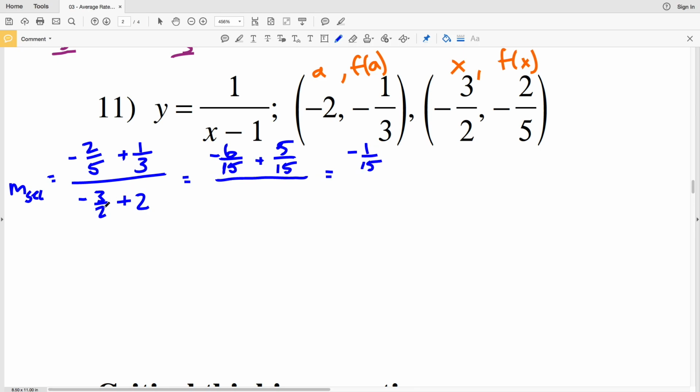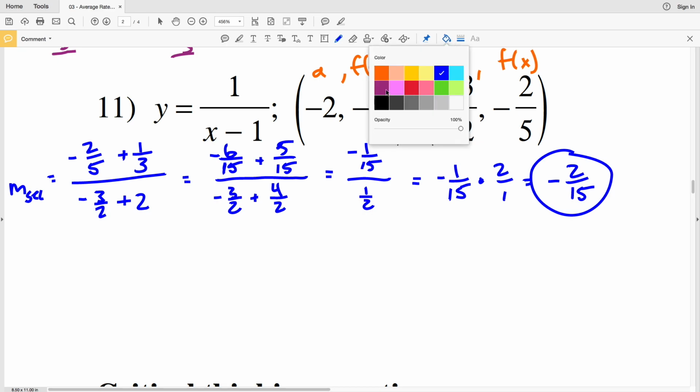Now in my denominator, negative 3/2 plus 2, I'll write as negative 3/2 plus 4/2, because 4 divided by 2 is 2. Negative 3 plus 4 is a positive 1, so that's 1/2. So I'll have negative 1/15 times 2 over 1 to give me negative 2/15 as my slope.